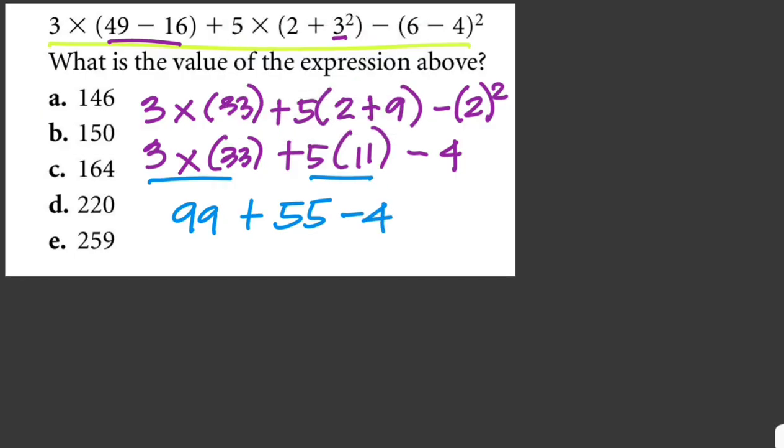Then we do the addition and subtraction from left to right. So 99 plus 55 minus 4, this would give us a value equal to 150. Therefore, that expression is equivalent to 150.